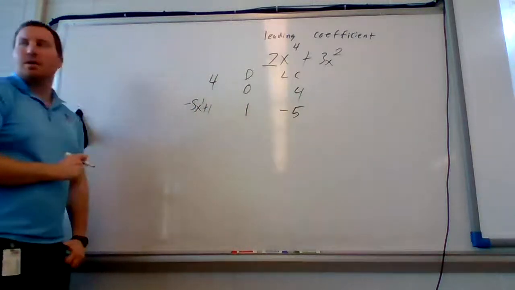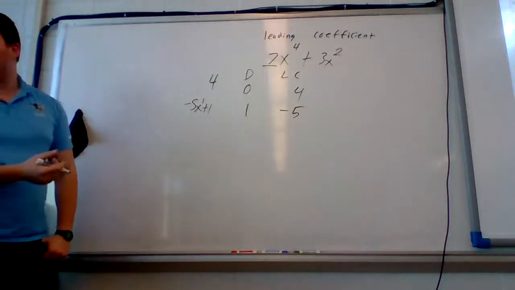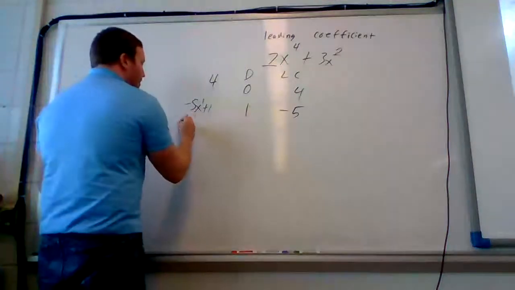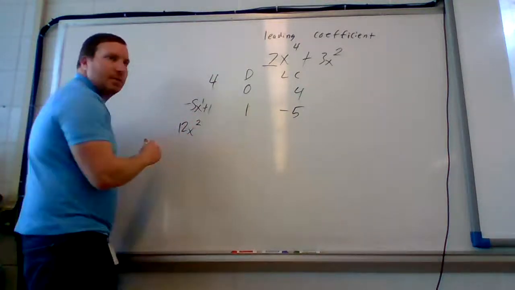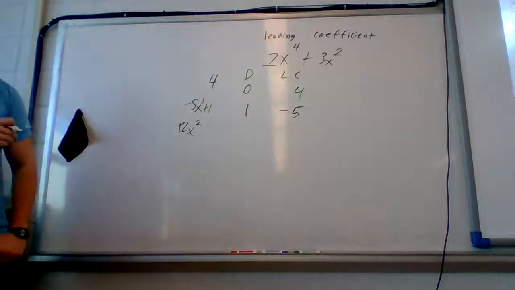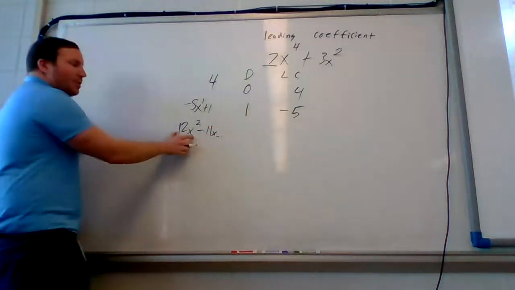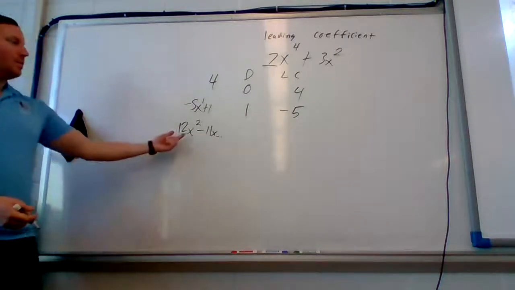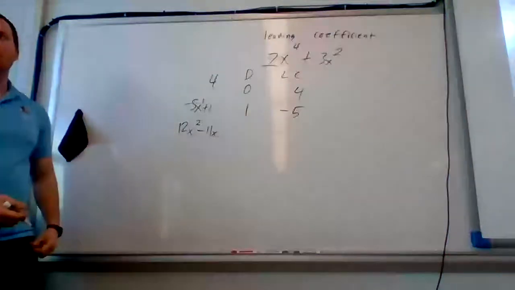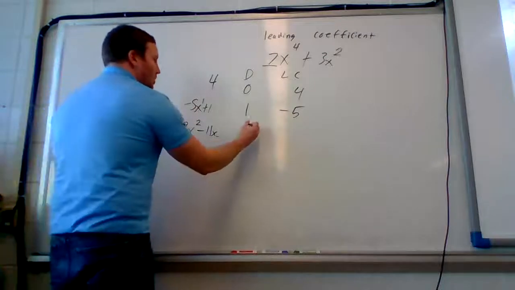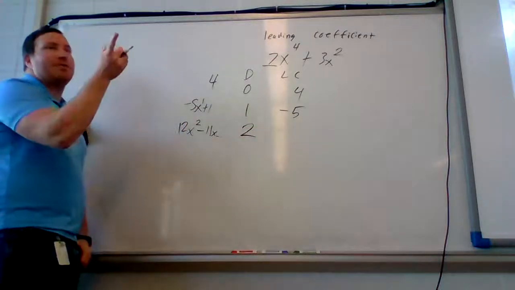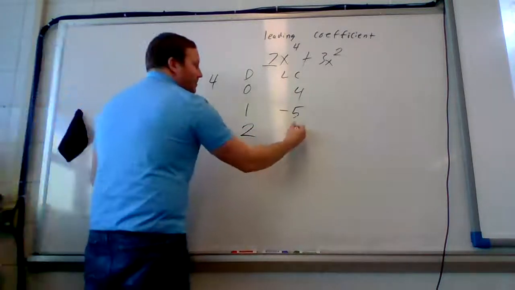Okay. Our next one, we've got 12x squared minus 11x. Really, past that first term, we don't really care what they have. What's our degree in this case? 2. What's our leading coefficient? 12.